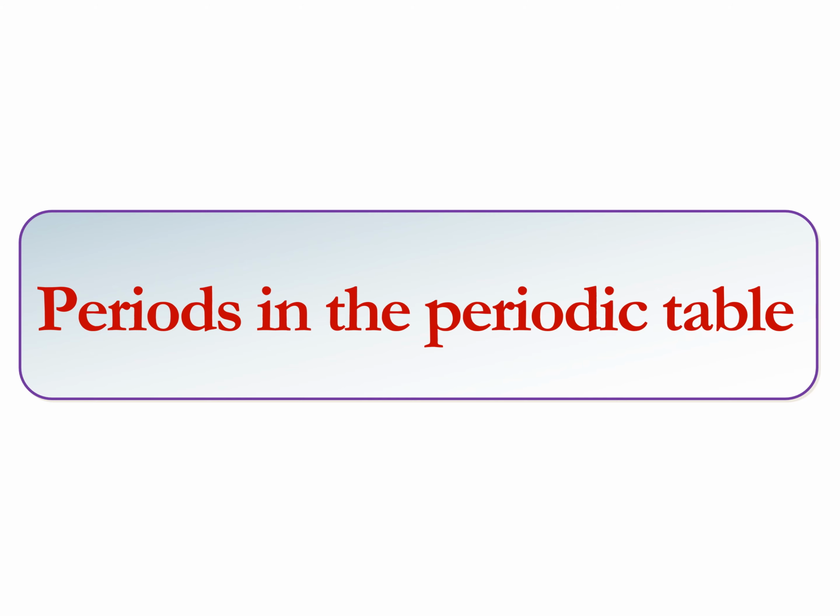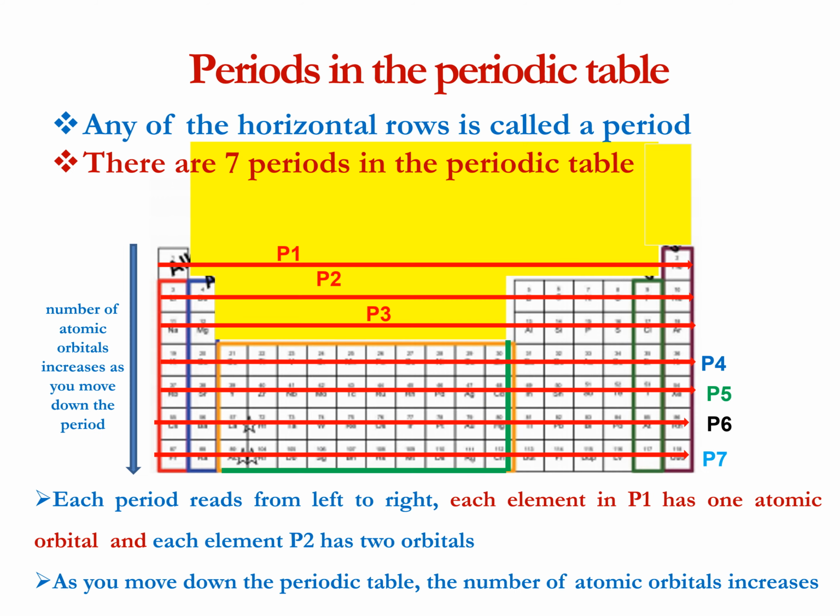Let's have a look at the periods in the periodic table. So we already looked at the groups. Now we will look at the periods. Any of the horizontal rows is called a period. This horizontal row is called period 1.